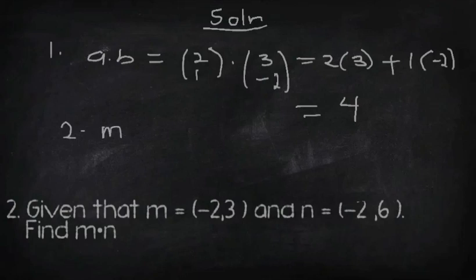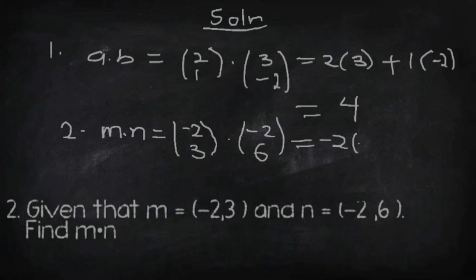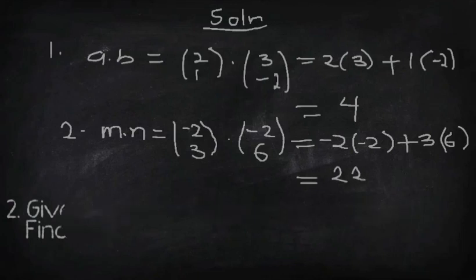Let's tackle the second question, m dot n, which is (-2, 3) dot (-2, 6), so you are going to get -2 times -2 plus 3 times 6, which is 22.